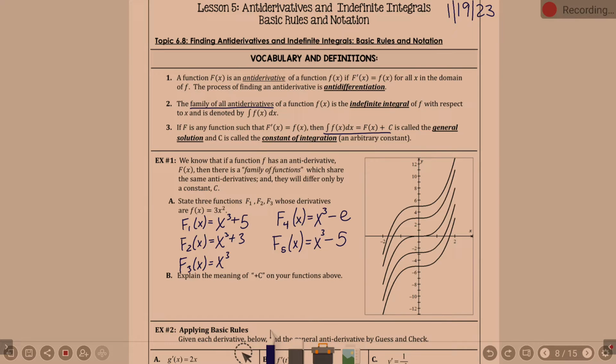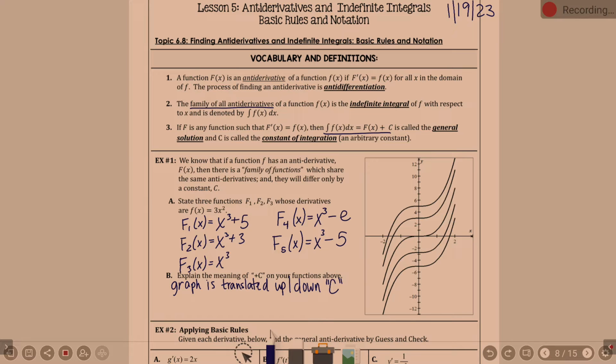And so, one thing you might want to put here is that the graph is translated up or down C. Okay. And the other thing is it also helps form the family of all the antiderivatives here.